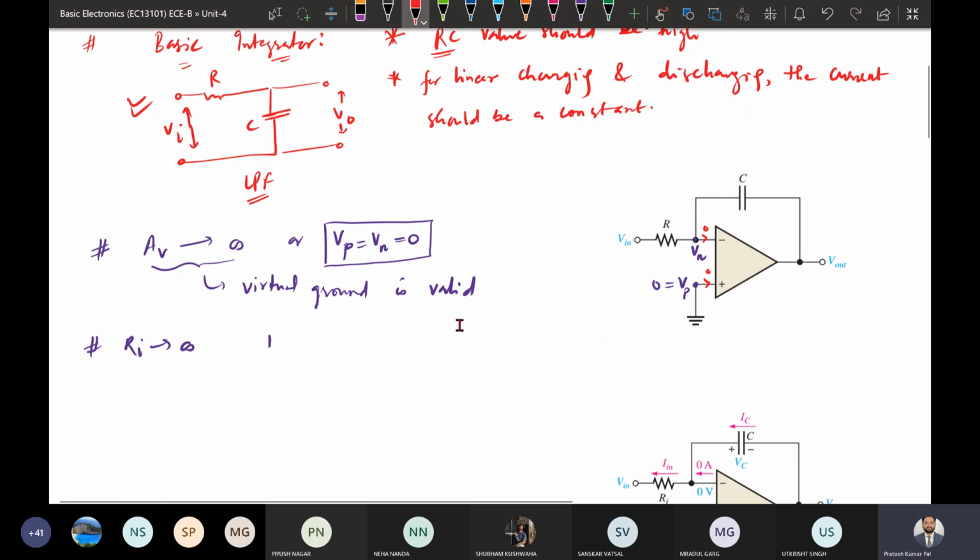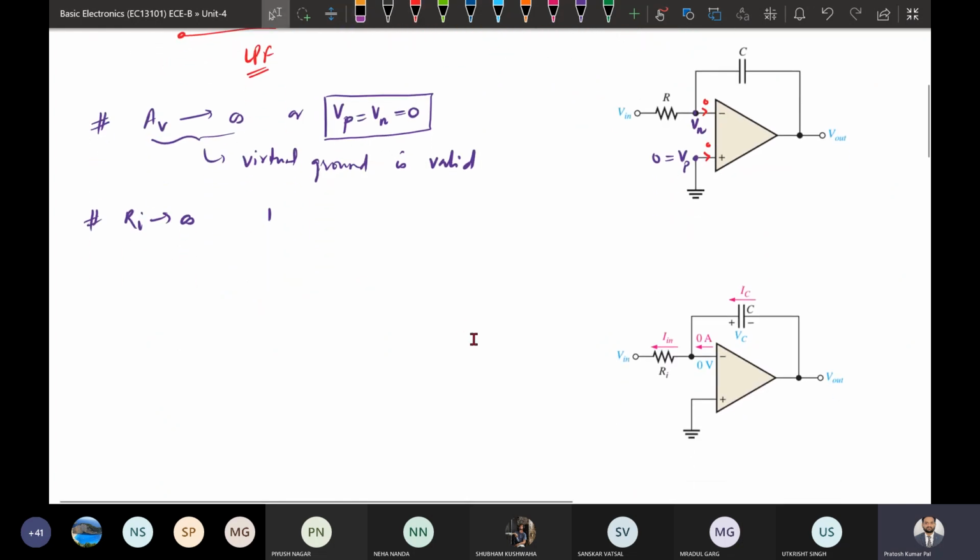In the next figure the current direction is given. Either way we can consider the current direction, and with respect to that we write the expression, so there will be no change in value. The same expression will be there. Only if we take the current direction the other way, the negative sign will change. So both the negative signs.